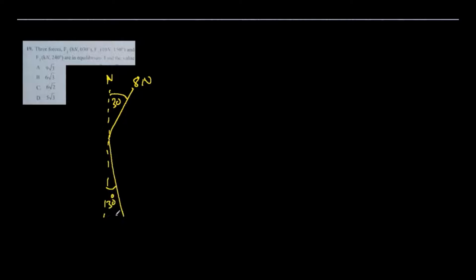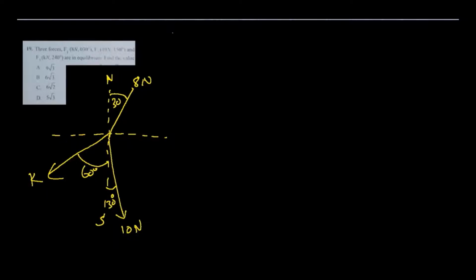This is also 30 degrees and this is 10 Newton force. All right, the third force is unknown, which is k Newton, and 240 bearing, so it will be somewhere there because this angle will be 60. 180 south plus 60, 240. So this is k Newtons. Now they're saying find the value of k.